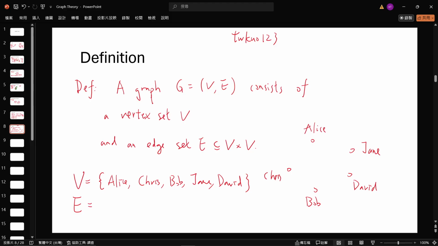And then you have the edge set. What is an edge? An edge is just a pair of vertices. In the context of social networks, we can consider friendship. Say Alice and Chris are friends, and Jen and David are friends, and Bob and David are also friends.